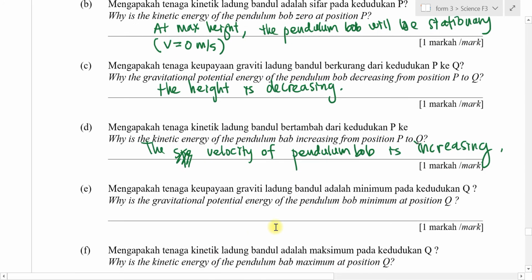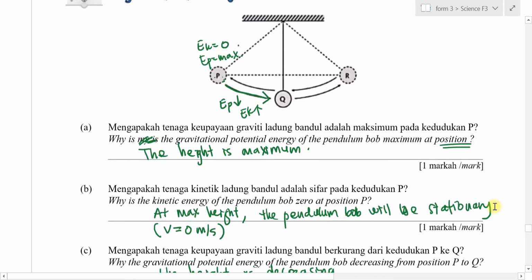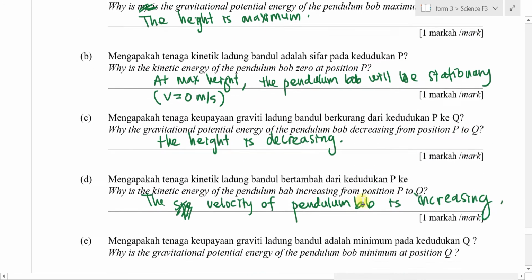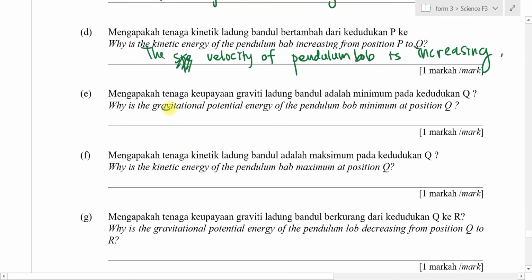Why is the gravitational potential energy of pendulum bob minimum at position Q? Why the EP is minimum at here? They're asking. Because the height was minimum. That's it.